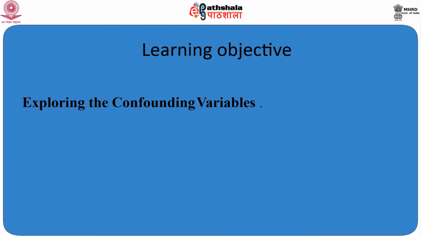Once we have an idea about the confounding factor, then separate statistical inference needs to be carried out about the confounding factor as well as other factors present in the study design. We will see exploring the confounding variables.